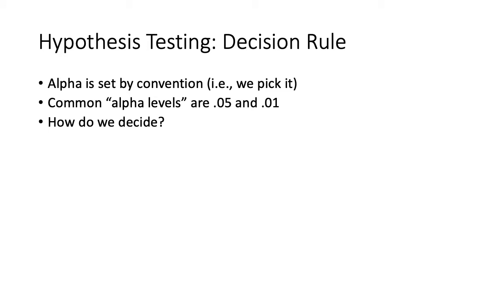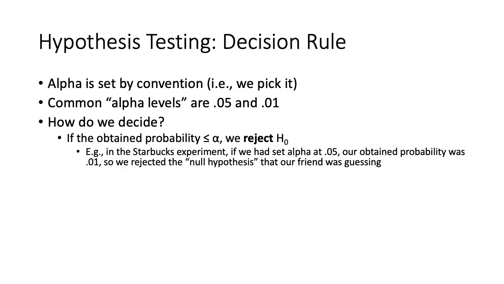And then we make a decision about the null hypothesis by comparing the probability of our results, which we need to compute based on our data, with alpha. If our obtained probability is less than or equal to alpha, we reject the null hypothesis.